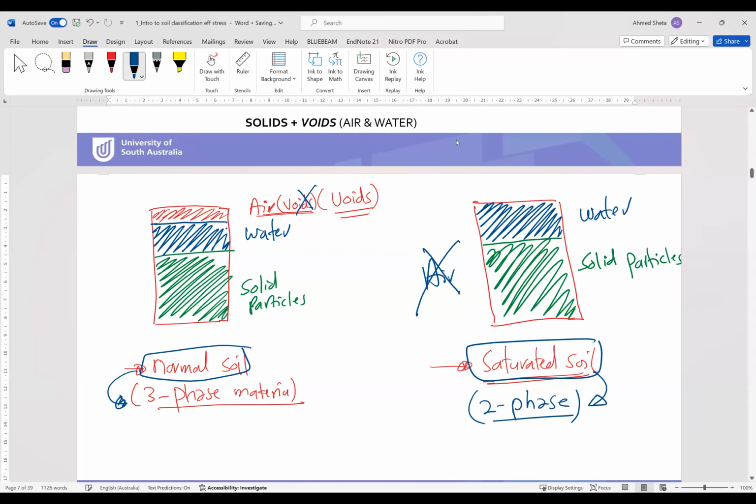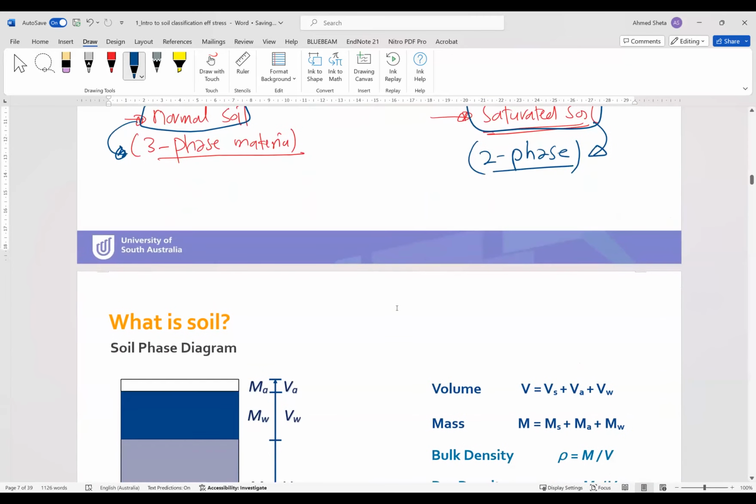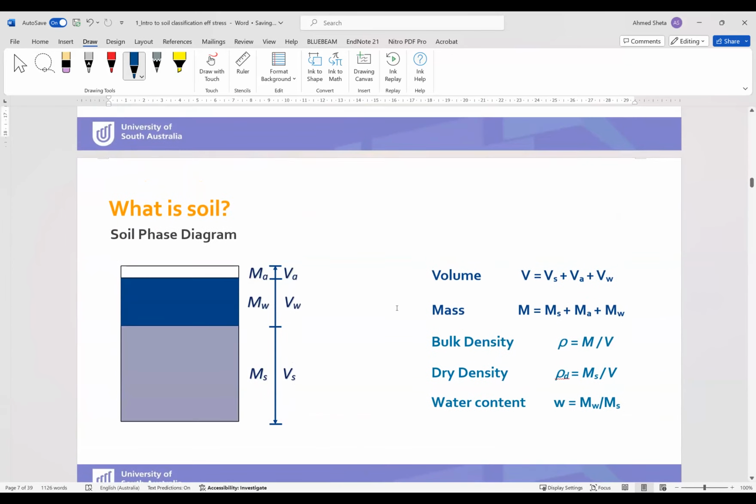So now we know what the soil definition is and what the phases of the soil are. And now we jump to how to find some of the soil properties using the soil phases. The diagram we mentioned earlier is called the phase diagram. Again, this is the solid particles. The soil is mainly soil particles.